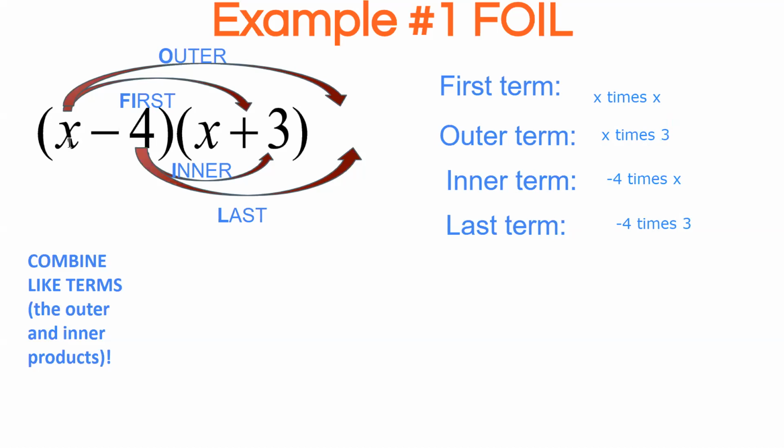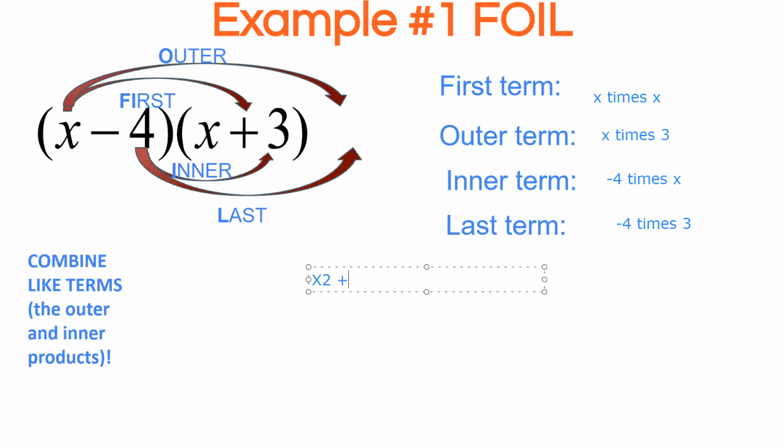You'll come up with the same answer as you did with the distributive property. But here you have x, so x times x. If we were going to write that out, x times x equals x squared. That x2 means x squared for everyone following along at home. Now the outside terms is x times 3.